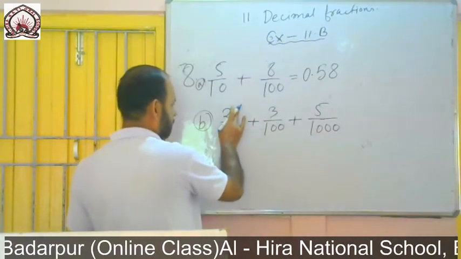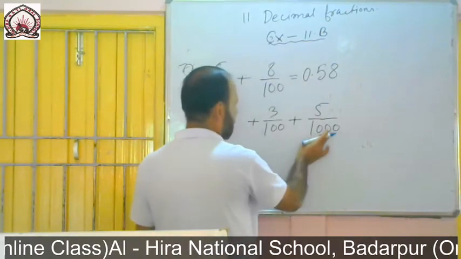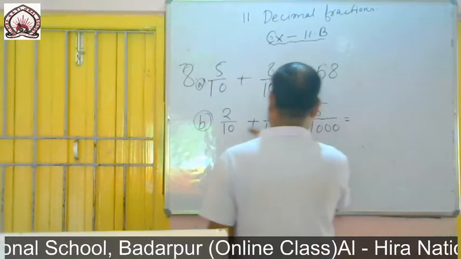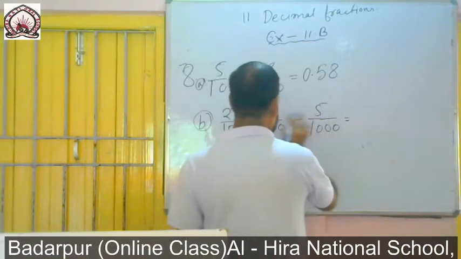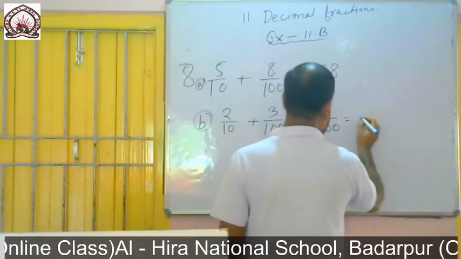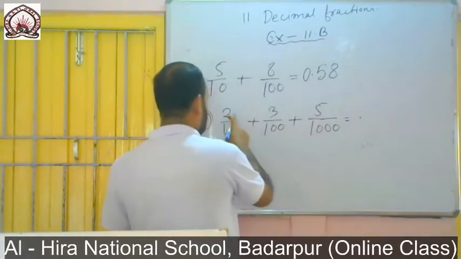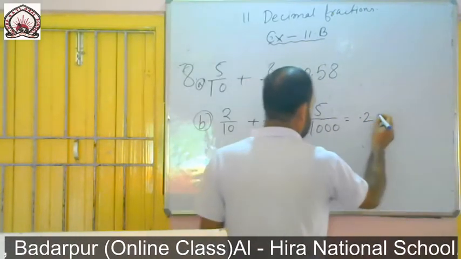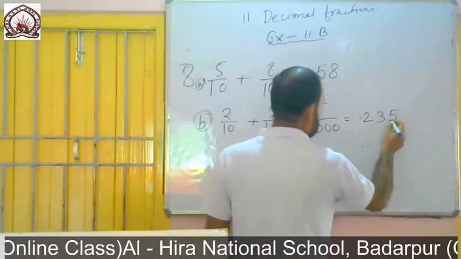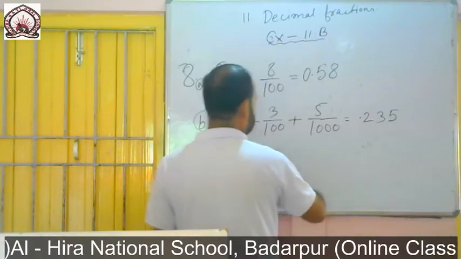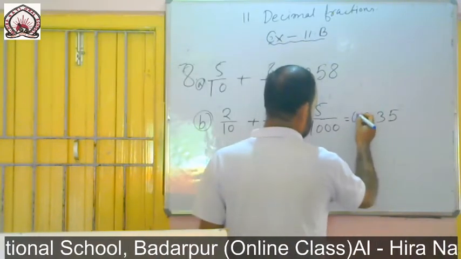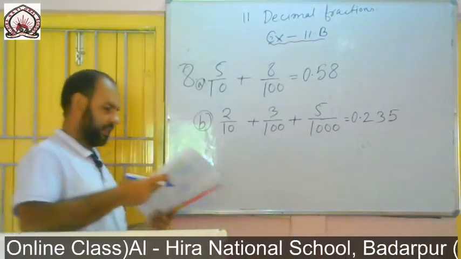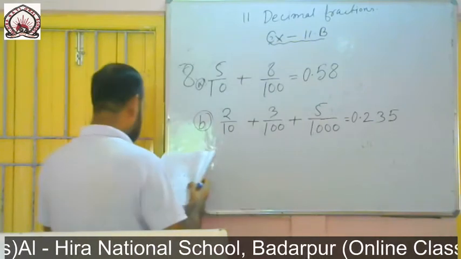Out of 10 parts, 2 parts; out of 100 parts, 3 parts; out of 1000 parts, 5 parts. So all are decimals. No integral part is there, so first we put the point, and this 2 is in the tenths place, then hundredths, then thousandths. So the decimal form of this fraction is 0.235.